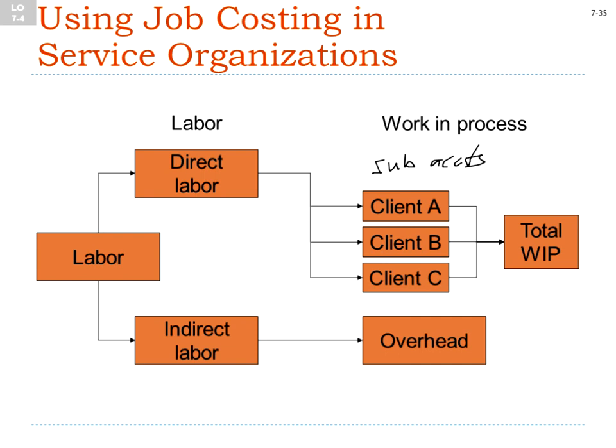Direct costs are traced directly to the client, and indirect costs are going to be applied to overhead, which are in turn going to be ultimately applied to each client's accounts using a predetermined overhead rate. So again, it's the same thing, but slightly different names. And instead of allocating the costs to certain jobs, they're going to allocate them to clients.